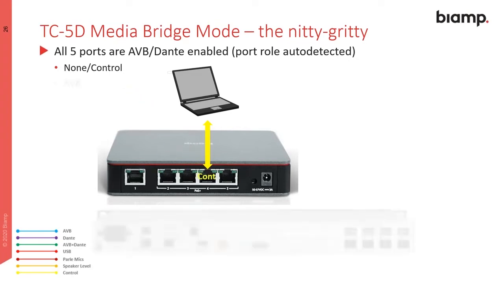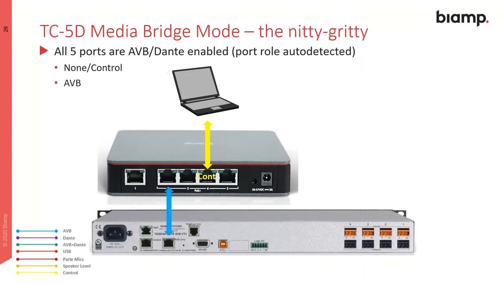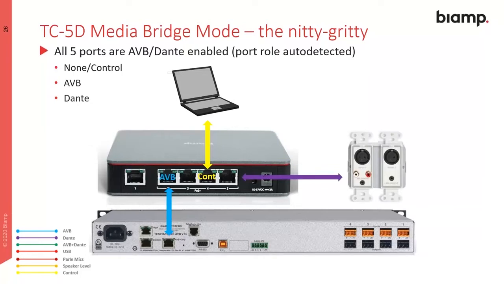If you have an AVB port, so let's say you have an AVB VT4, once you connect it to port 1, for instance, the TC5D is smart enough to know that this is AVB traffic. And once you have, for example, a Dante microphone, you connect it to the system, and it will automatically be configured as a Dante flow in your system. So you don't really need to plug the device in a specific location.